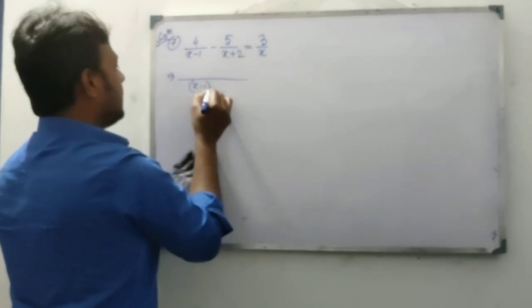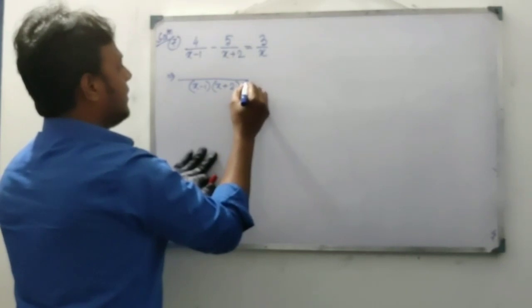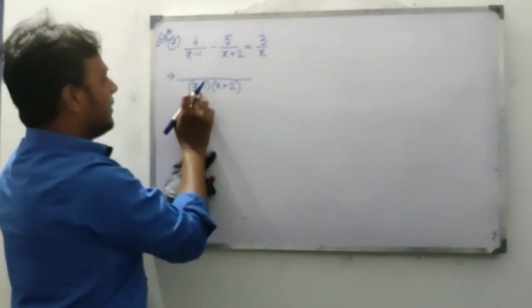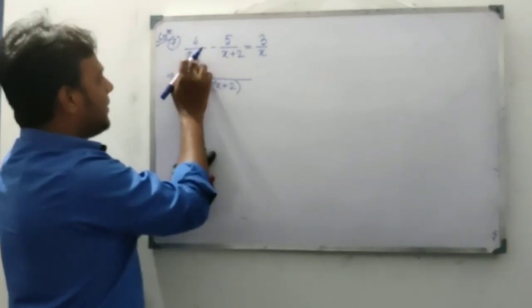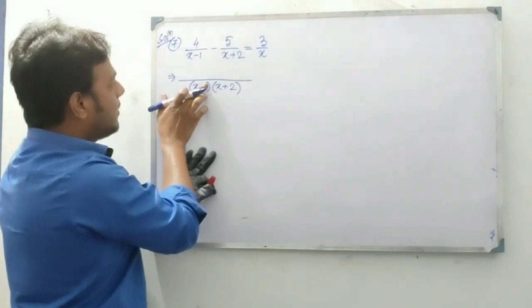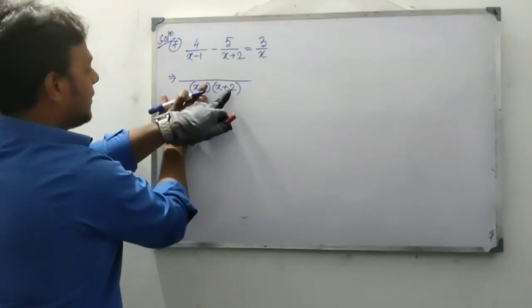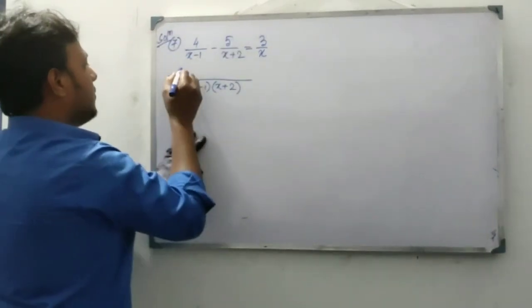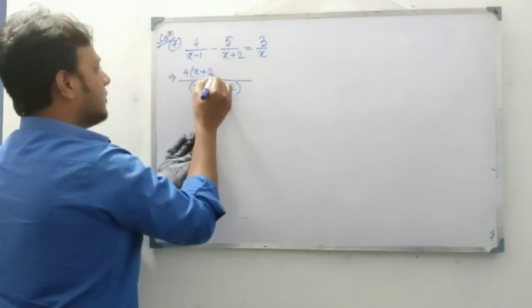X minus 1 into x plus 2 in left hand side. Now divide, we have to divide, the process is divide this by denominator, then if we divide x minus 1, then this time cancel out, so only left x plus 2, and we have to multiply the quotient by numerator, so it will be 4 into x plus 2.